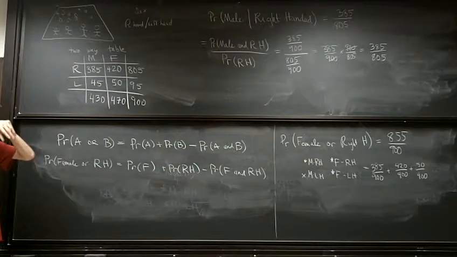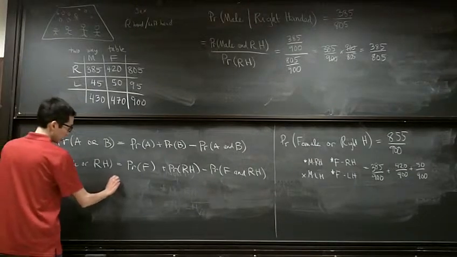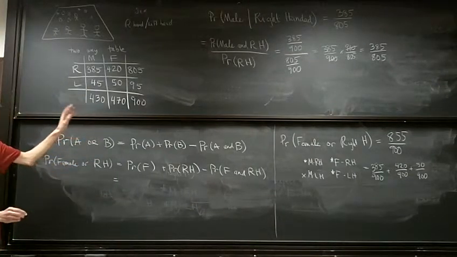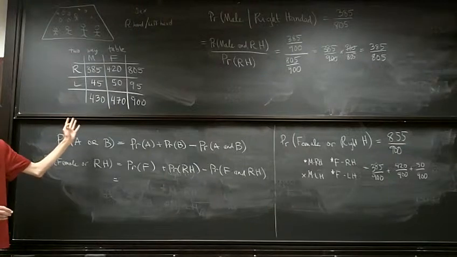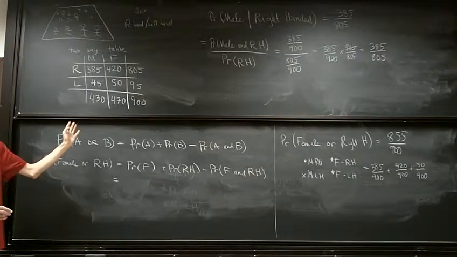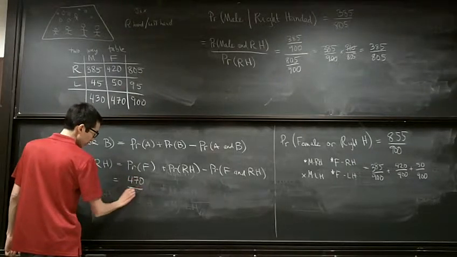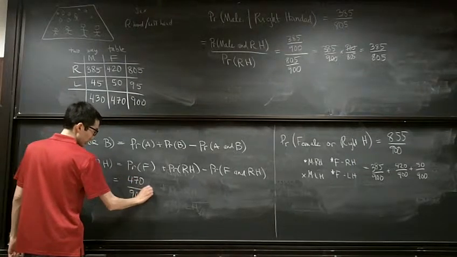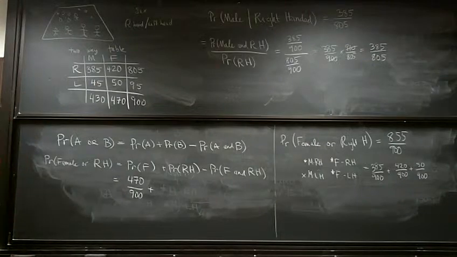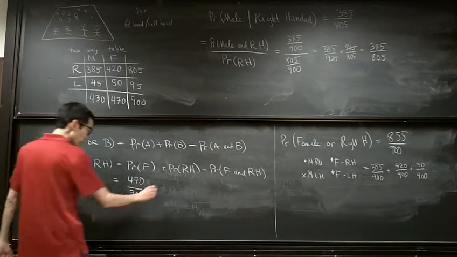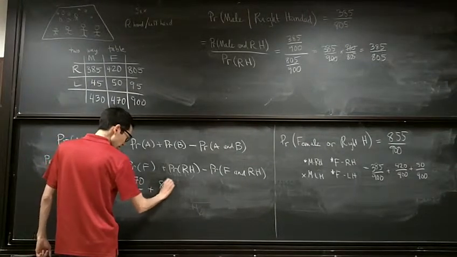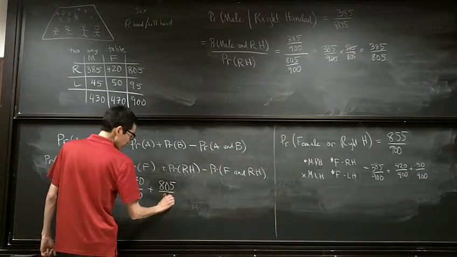We will see we get the same answer. Alright, according to our table, what's the probability that someone is female? 470 out of 900. Okay, what's the probability that someone is right-handed? 805 out of 900.